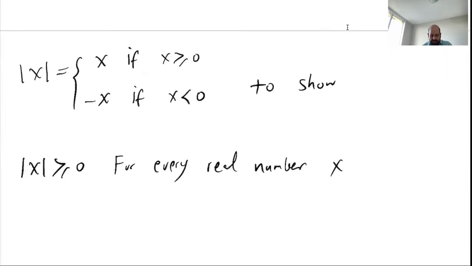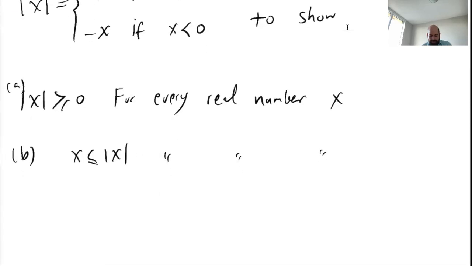So let's say this is part A, and part B: x is less than or equal to absolute value of x, again for every real number x. And part C: x is bigger than or equal to minus absolute value of x for every real number x.